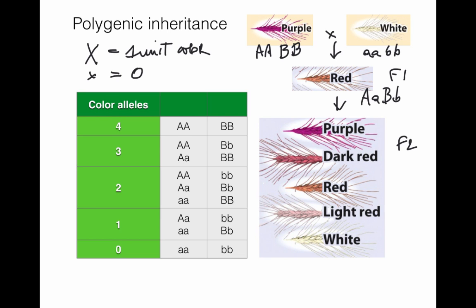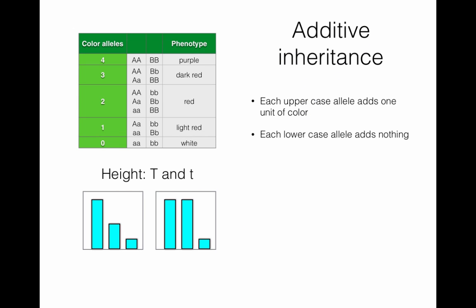Now, you wonder about this and say, can I figure out what the frequencies of these different classes are? And the answer is, well, it looks perhaps a little bit complicated, but it's doable. Now, before I tell you about that, let me show you the concept of additive inheritance.